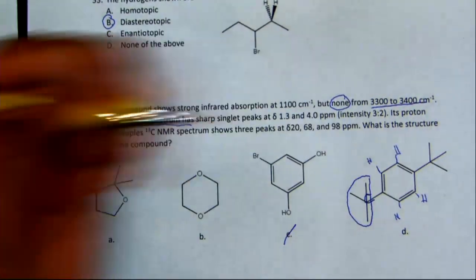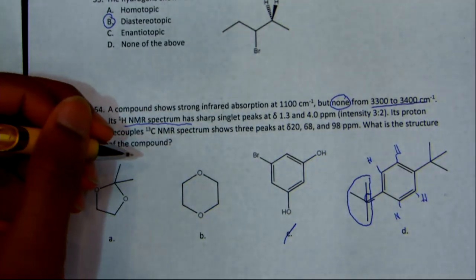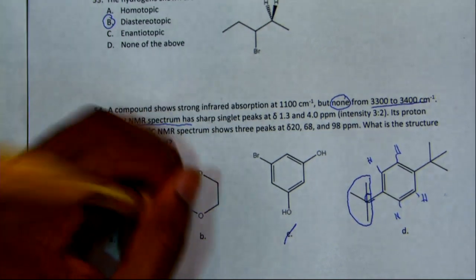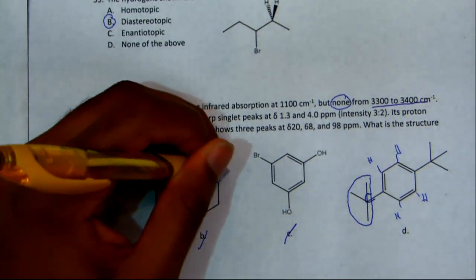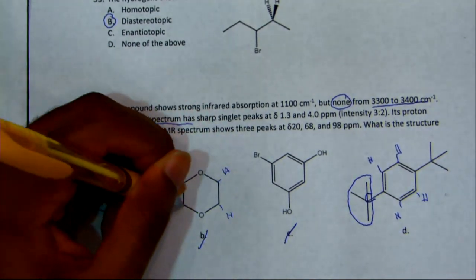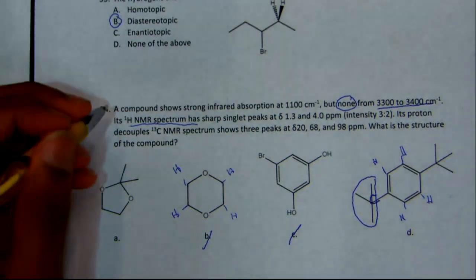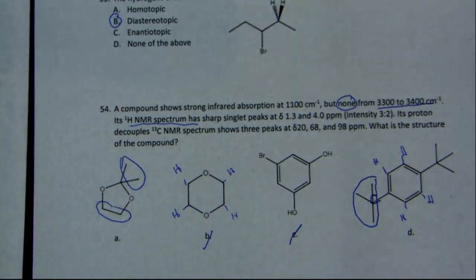So this could be it. This one's out because it only has 1 signal, since all these hydrogens are the same. There should be 2 hydrogens on each one. Let's check: these hydrogens are the same, and these hydrogens are also the same. So we got 2 signals.